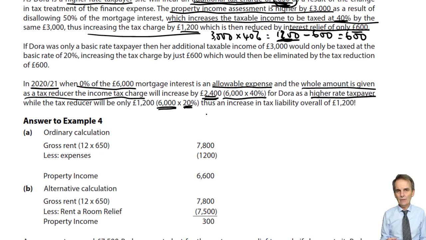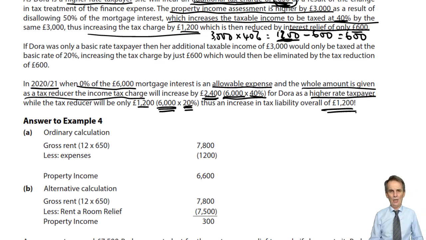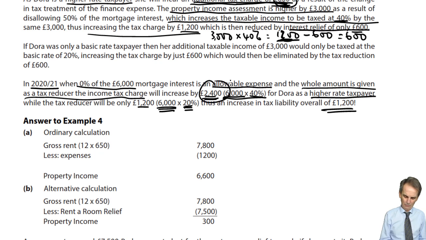The lack of availability of the deduction against income created an extra income figure taxed at 40%, replaced by a tax reduction on the same figure at only 20%. That will be £1,200, therefore an increase in tax liability overall of £1,200. Up by 2,400, down by 1,200, increase of 1,200.